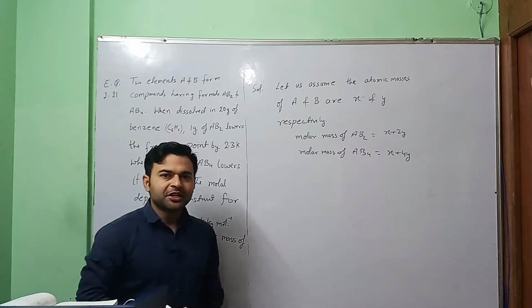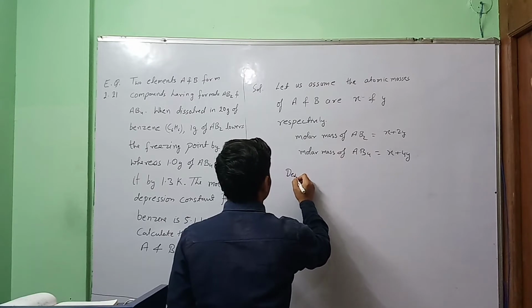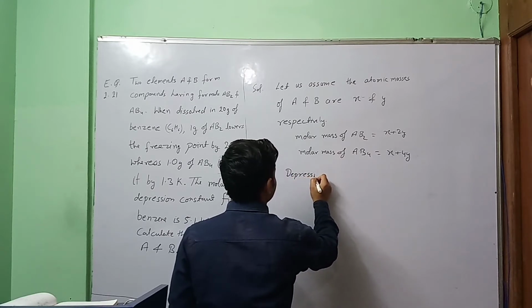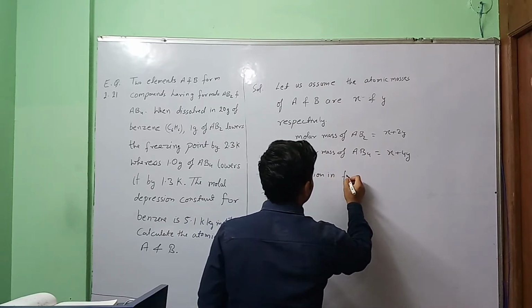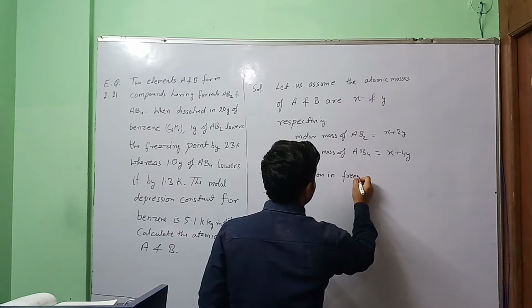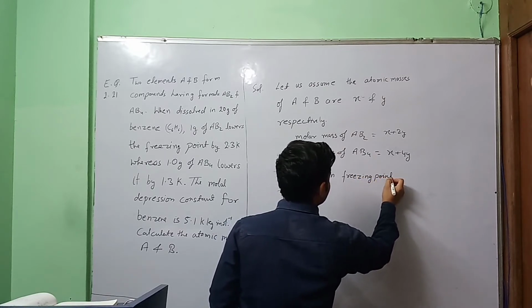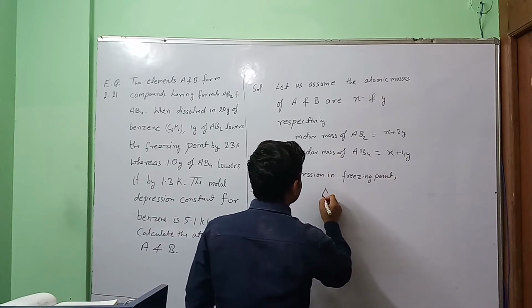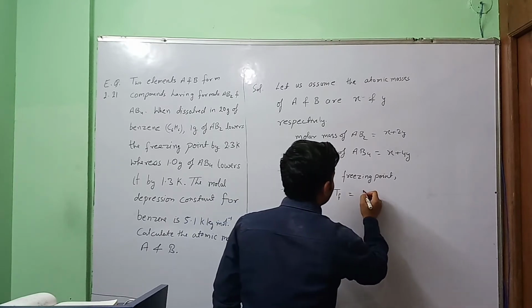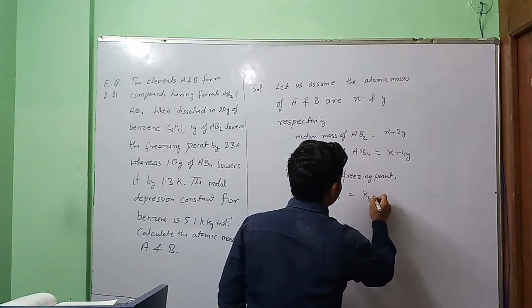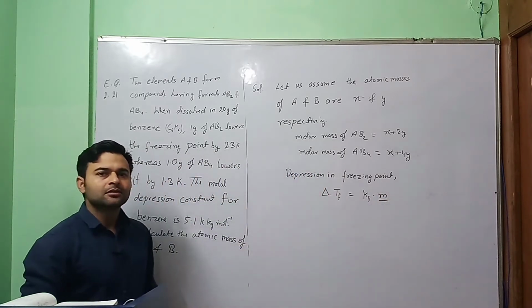Now depression in freezing point, delta TF, is given by KF into M, where M is molality of the solution.